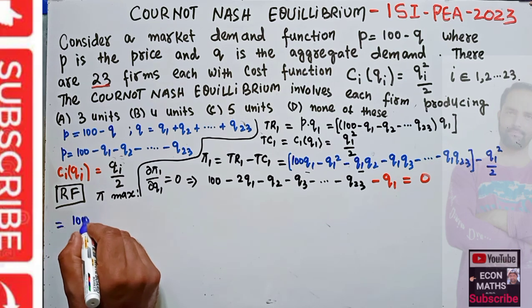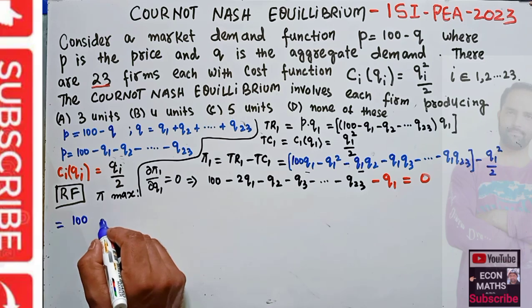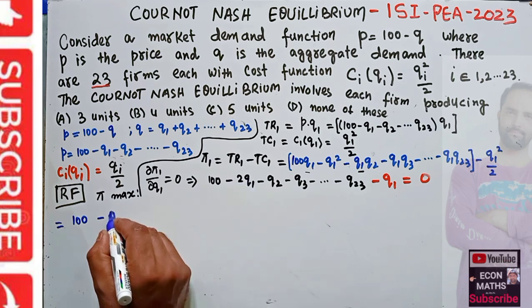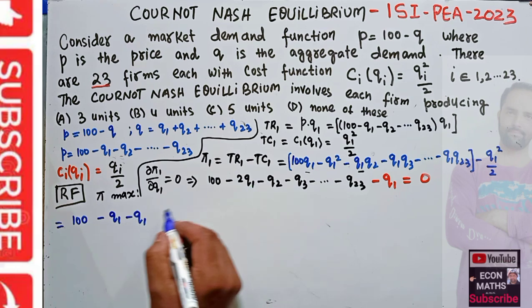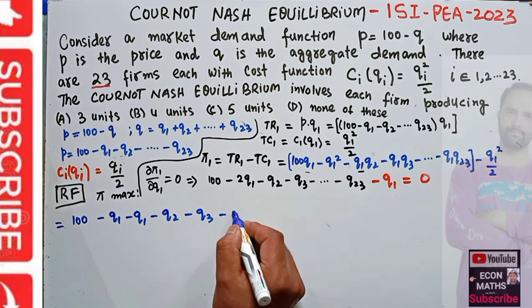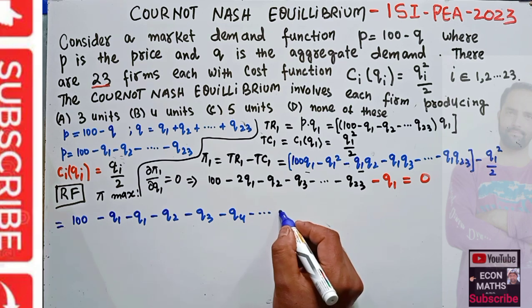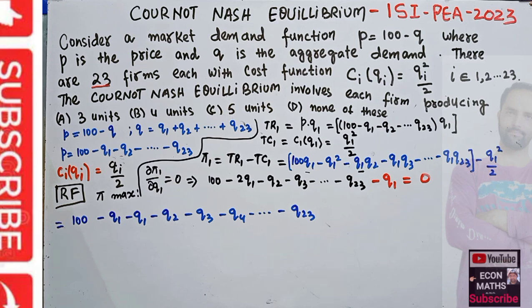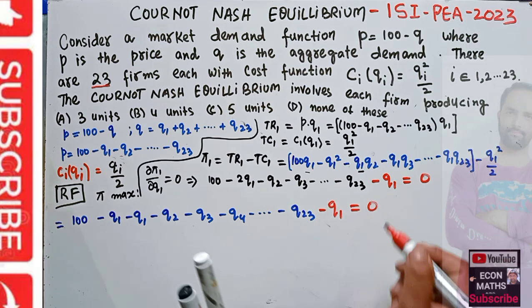We have 100 minus, in place of twice Q1 I can write minus Q1 minus Q1. Then we have minus Q2 minus Q3 minus Q4, up to minus Q23. Then we have this minus Q1 also, minus Q1 is equal to 0.